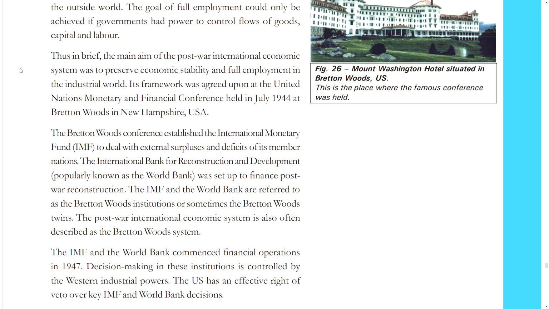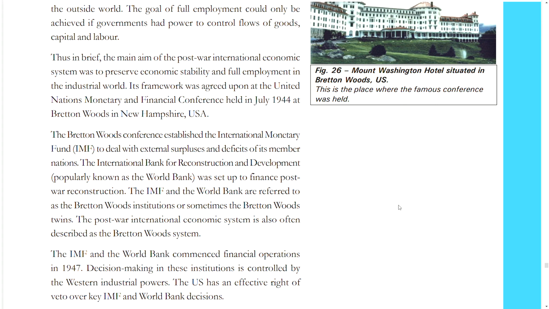The International Bank for Reconstruction and Development, popularly known as the World Bank, was set up to finance post-war reconstruction. The IMF and the World Bank are referred to as the Bretton Woods institutions, or sometimes the Bretton Woods twins. The post-war international economic system is also often described as the Bretton Woods system.